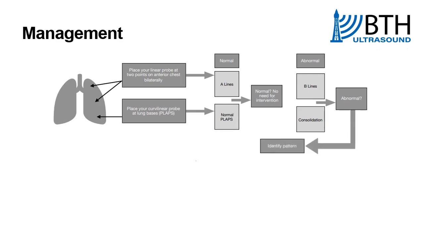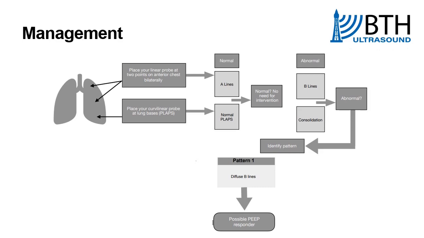So you want to identify a pattern, and there's 2 phenotypes that have been mentioned in the literature. Now these are quite simplistic, and like most disease processes, it's going to be more of a spectrum. But if you happen to identify more of a diffuse B-line pattern throughout the patient, then these are the ones that would possibly respond to PEEP quite well if they're mechanically ventilated.